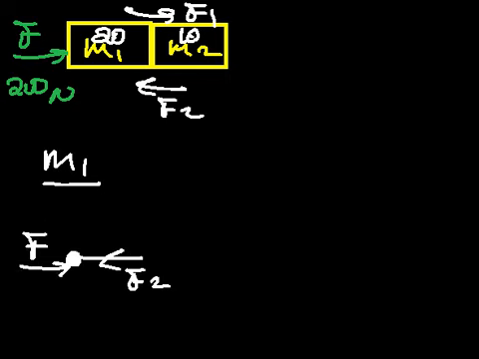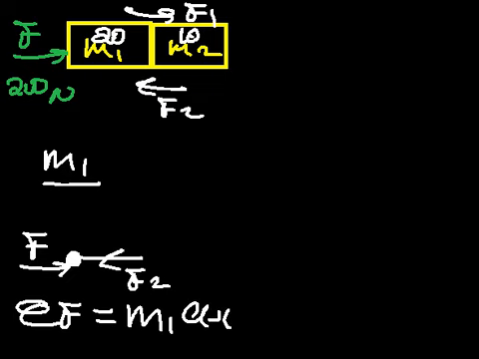Hence, the summation of forces on the x-axis is equal to the mass of object 1 times acceleration. What are the forces acting on the object of mass 1? We have the applied force minus F2, minus because it is acting against the direction of motion, equal to mass 1 times acceleration.